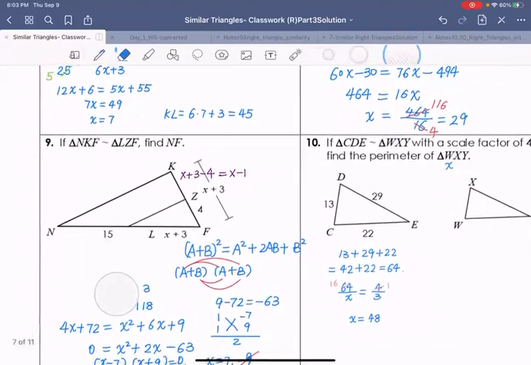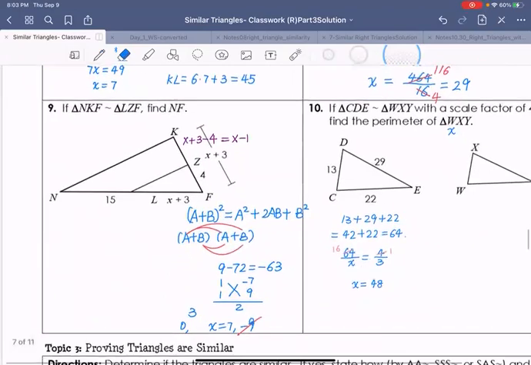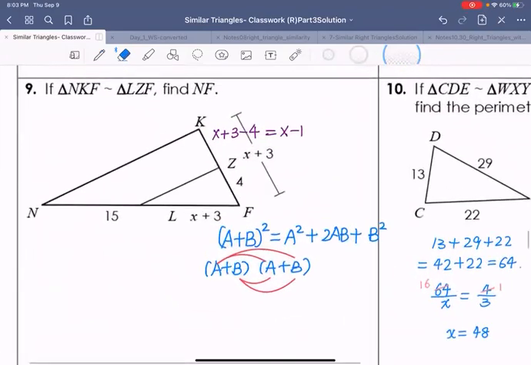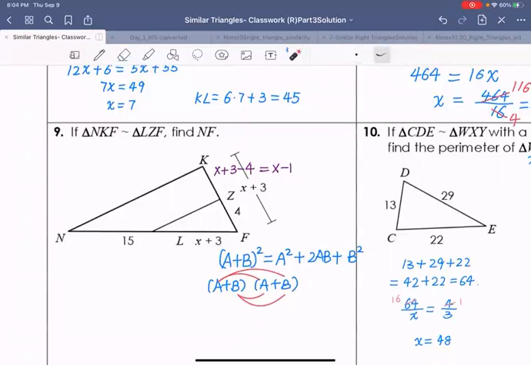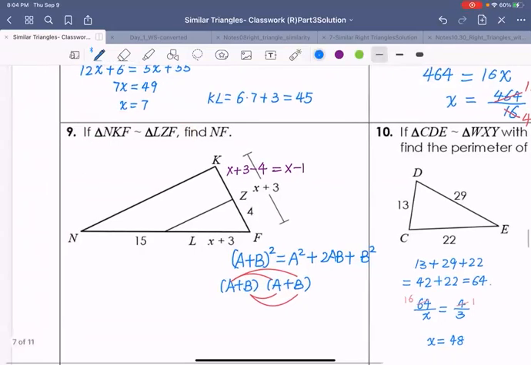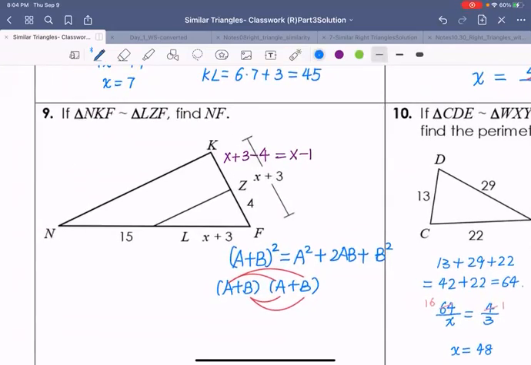Harry, let's do number 9. Go ahead. Based on this, let's list the equation, please. NK over LZ equals KF over ZF.